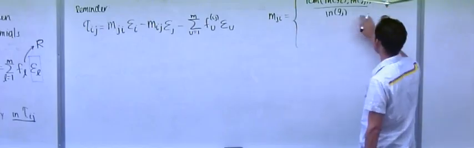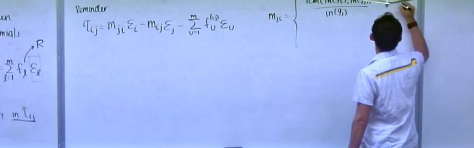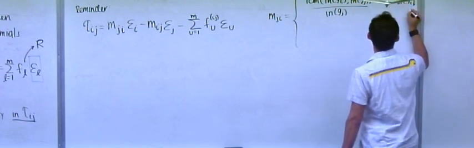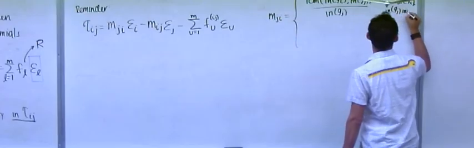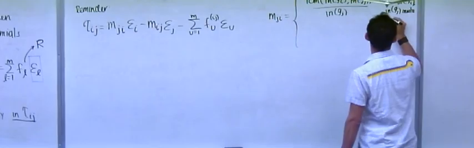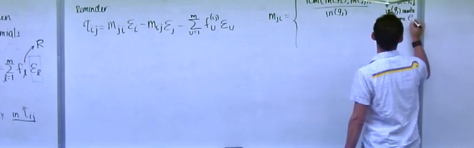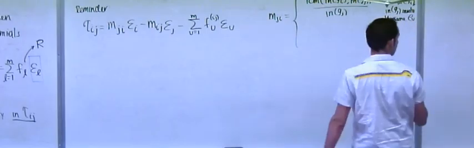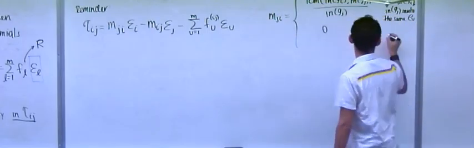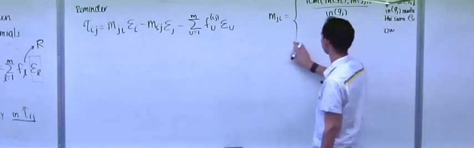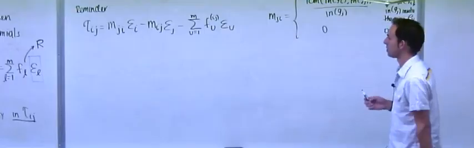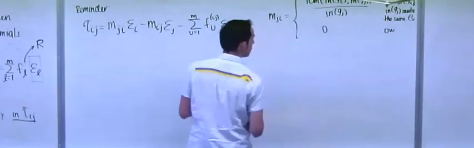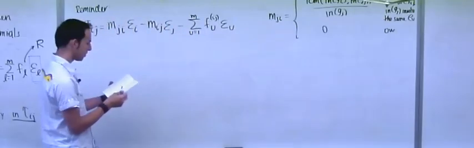So this is in the case where the initial term of g_i and the initial term of g_j involve the same e_u, and 0 otherwise. So that's what m_ji was. Okay?